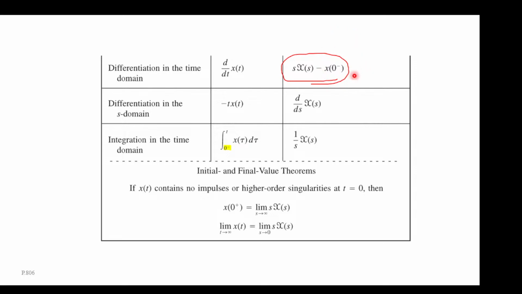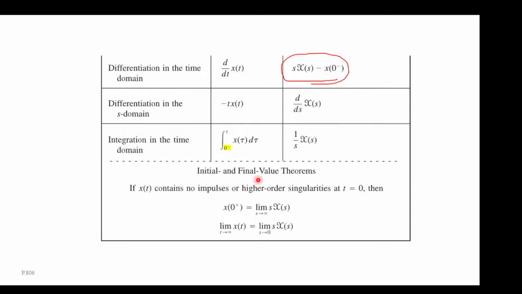This boundary term x of 0 minus will correspond to the initial values, as we'll see later today. Okay, and then the differentiation property in the s domain is the same: dX/ds transforms to minus t x of t here.